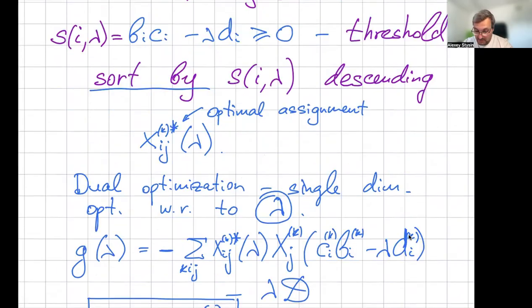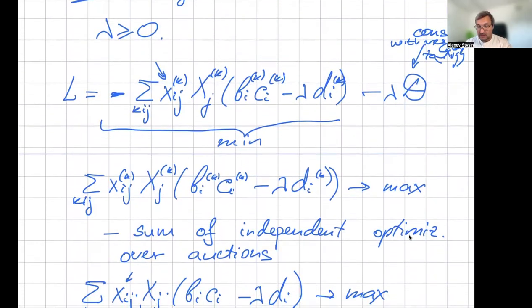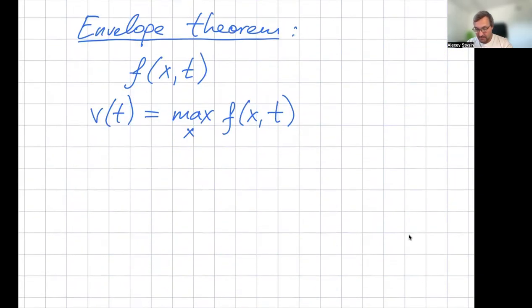And just to show you that this is exactly what we've just done with the Lagrangian, in the place of t we had the lambda. So lambda was given to us, and then in response to that, we would find the optimal allocations xijk. Okay, so this is exactly the same as this simplified formulation here.